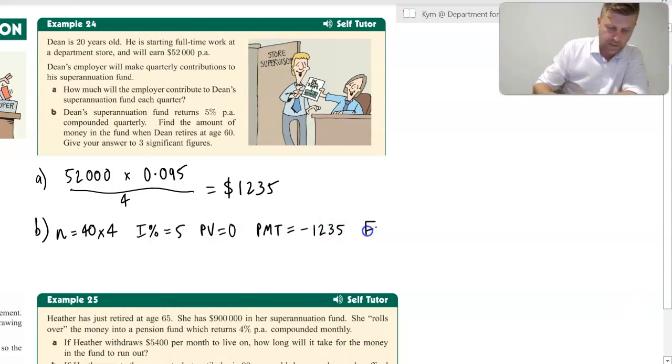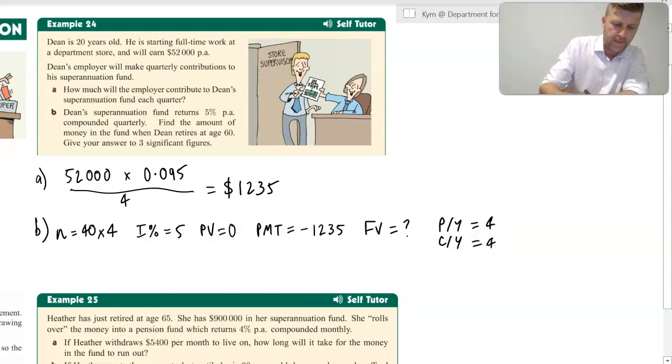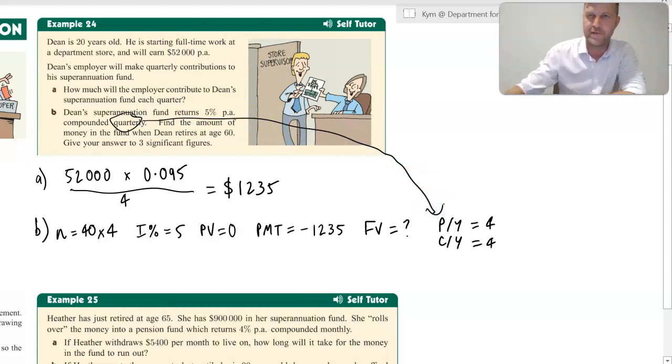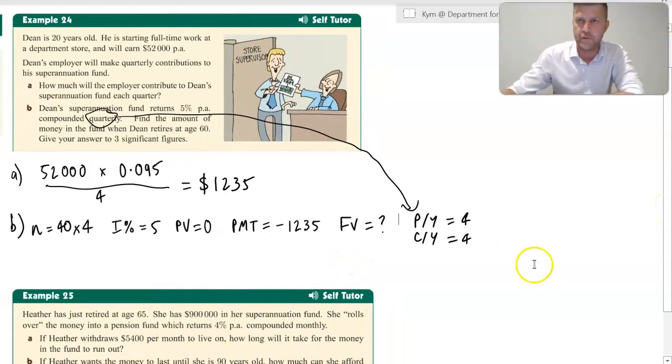The future value is what we're asking it to determine for us, and it's going to be rounded to 3 significant figures. PY and CY in this case will both be 4 because of being compounded quarterly. Okay, so that's why those values are both 4. So I'm just going to put that into the graphics calculator and ask it to determine the future value for me.